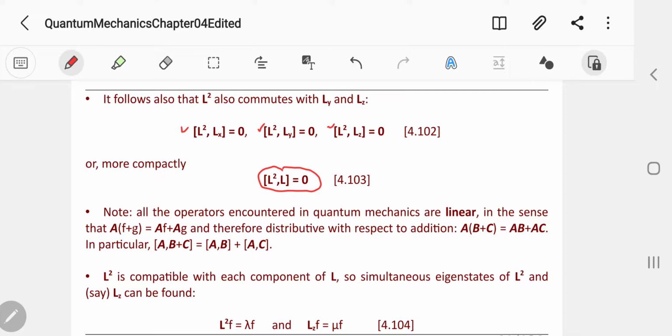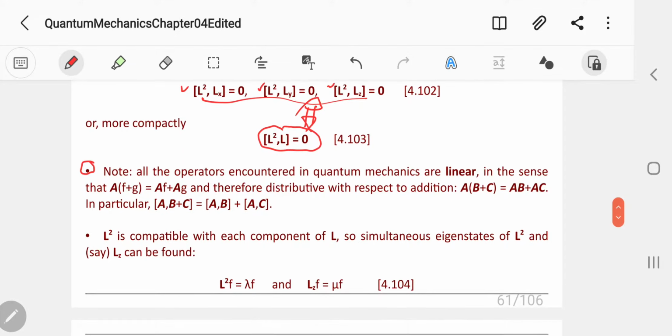So L squared is compatible with each component of L. Simultaneous eigenstates of L squared and Lz, for example, can be found.